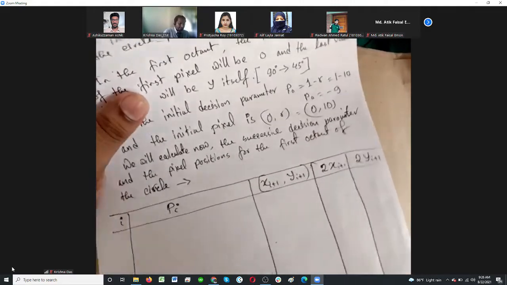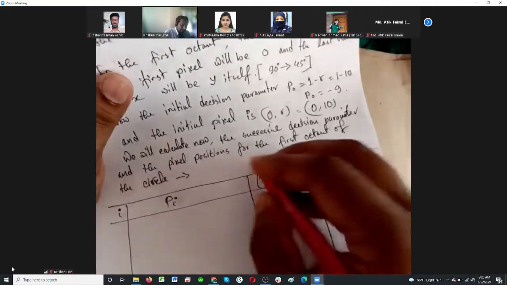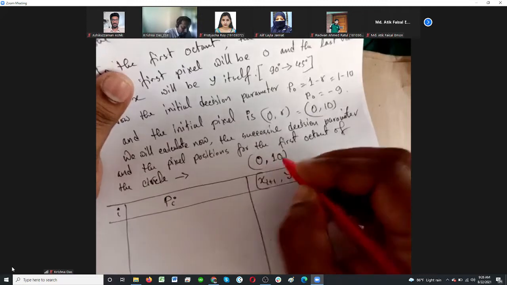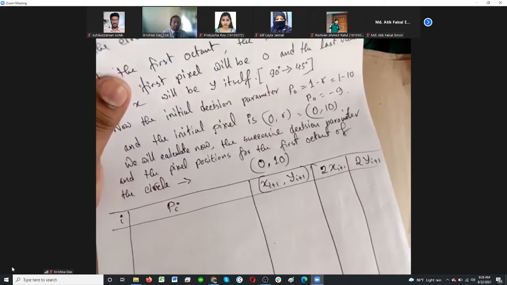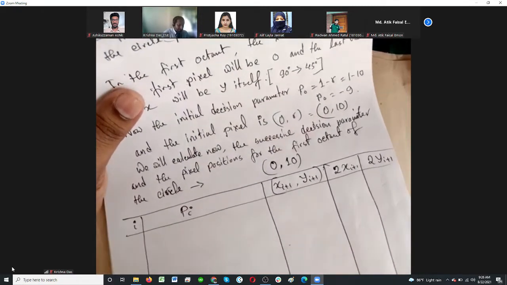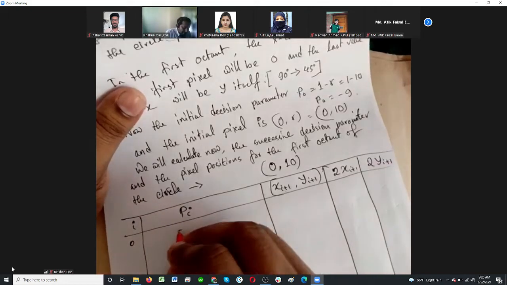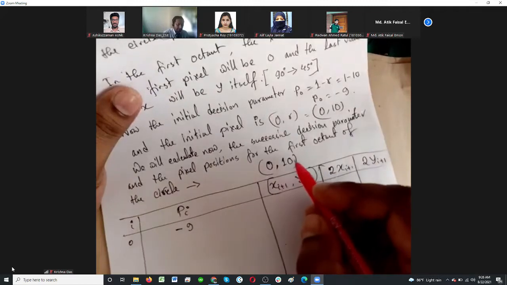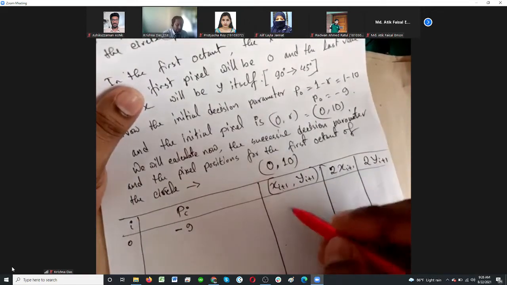Whenever I solve the problem, I write down the first point that I have already got. The decision parameter I have got for my first iteration is minus 9. If we write it down here, we will not make a mistake putting that value in.